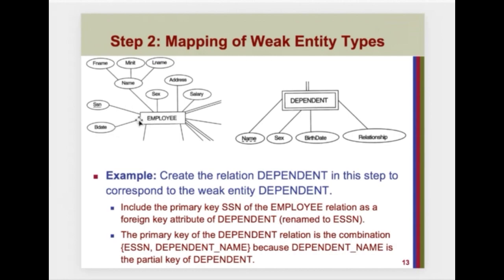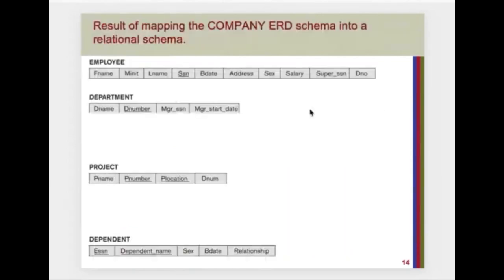Here for the dependent, the parent is employee, so we copy the primary key of employee, which is SSN, into the relation dependent. So this is our dependent relation or dependent table, and we copied SSN from the employee table.